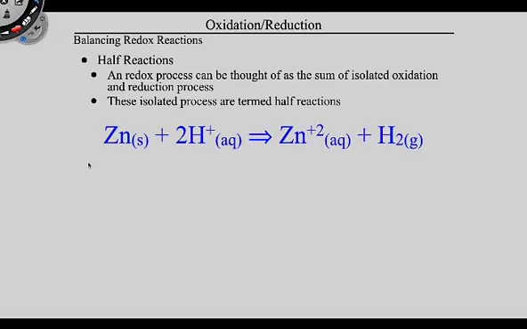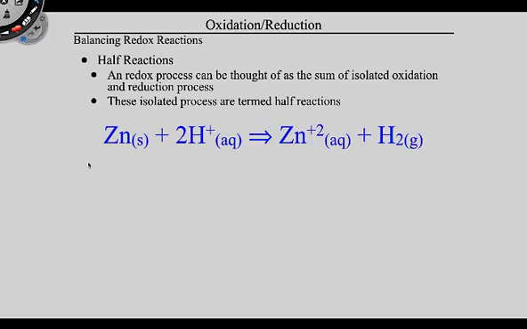We understand that redox has to happen in pairs. One thing's got to lose electrons, one thing's got to gain electrons. So when we think of redox as two processes happening in unison, we can write those two processes individually through what are called half reactions.